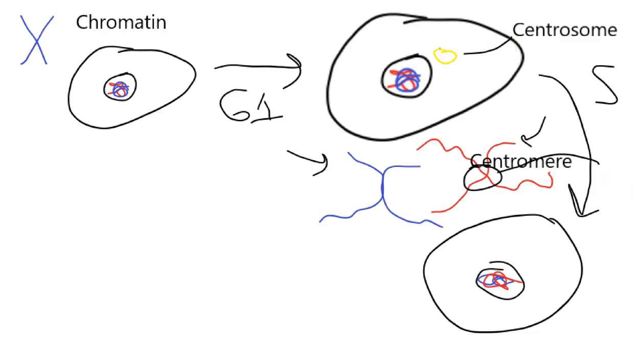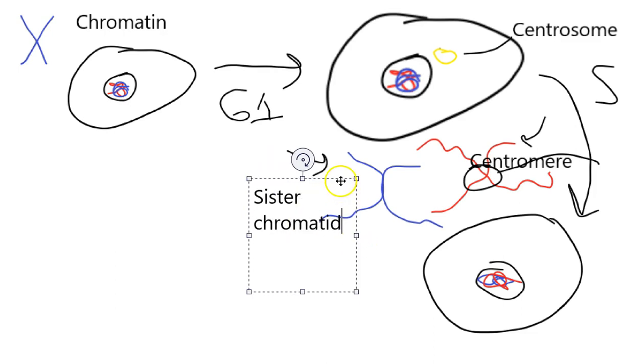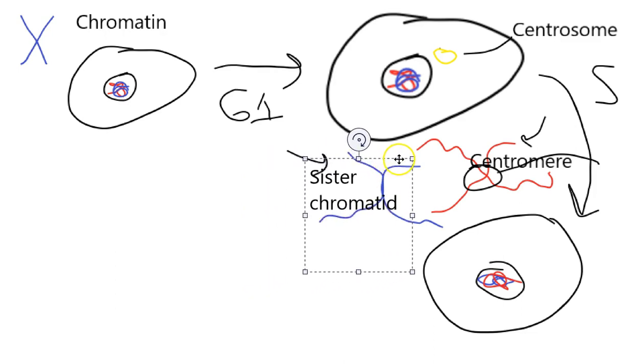And each one of those individual pieces of DNA, by the way, is a sister chromatid. Each of these two copies of the same DNA is a sister chromatid. The point at which they're connected is referred to as a centromere, not to be confused with the centrosome.